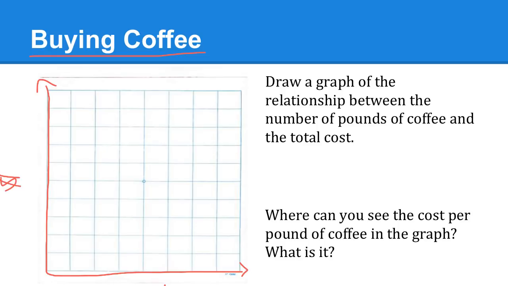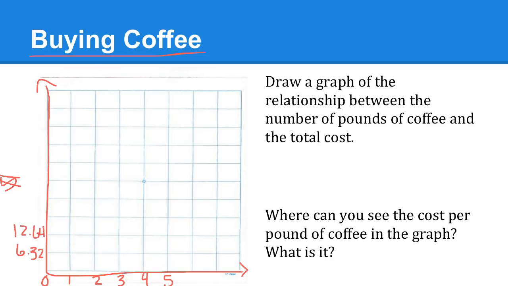And I had bought 1, 2, 3, 4, and 5 pounds of coffee. I'm going to cheat a little bit here because I skip counted by the same amount. I skip counted by my unit rate.